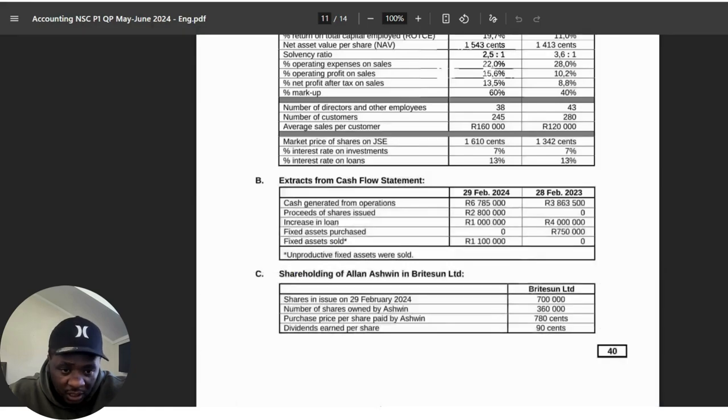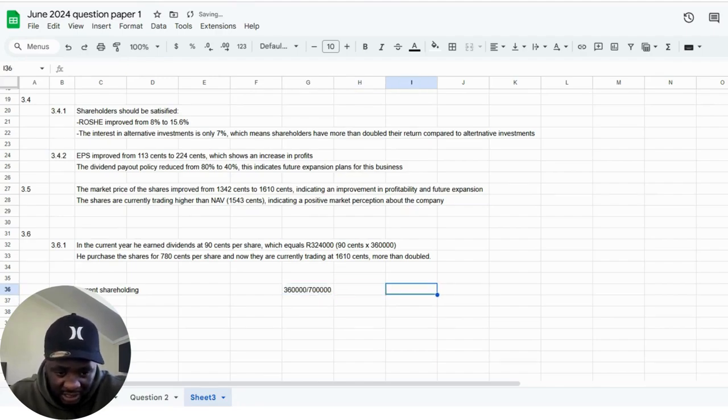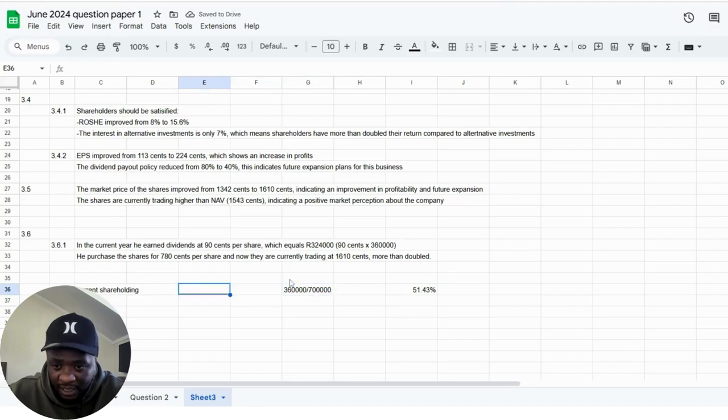Well, it is over 700,000 shares. So that's currently the amount of shareholding that he has, which is basically 51.4% of the company.